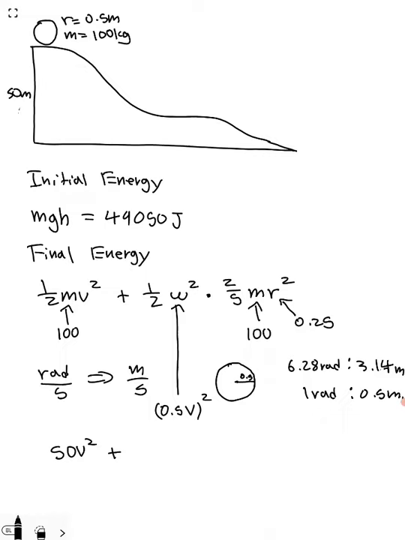It's going to come out to 1.25 v squared. And this final energy is going to be equal to our initial energy, 49050. At this point, calculating this is pretty simple. 50v squared plus 1.25v squared is going to be 51.25v squared equals 49050.